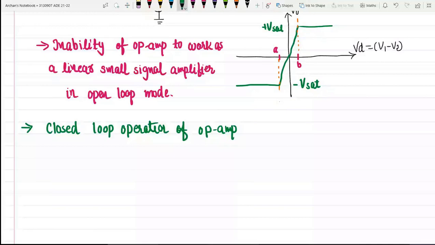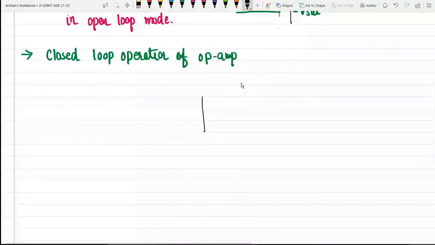Now suppose we have one operational amplifier. This is my operational amplifier. We are getting some output voltage V0 over here, and there are two input terminals, the inverting input and the non-inverting input.